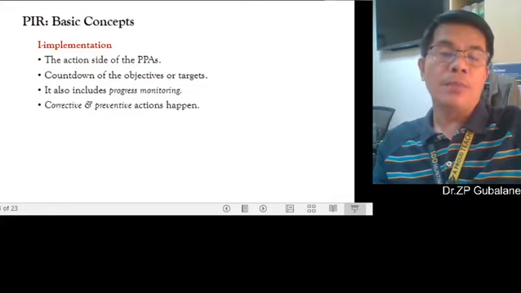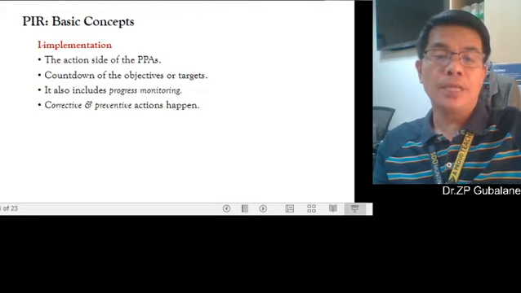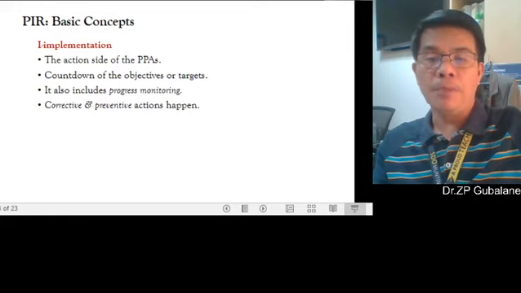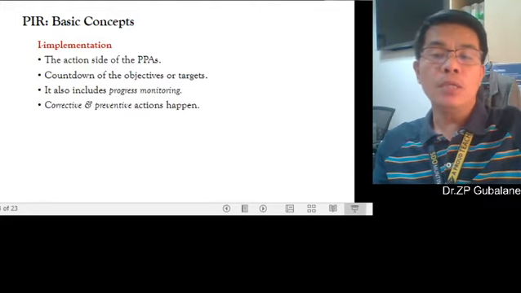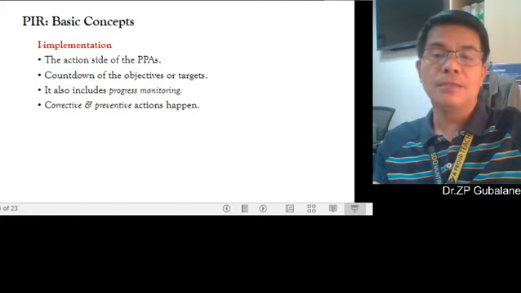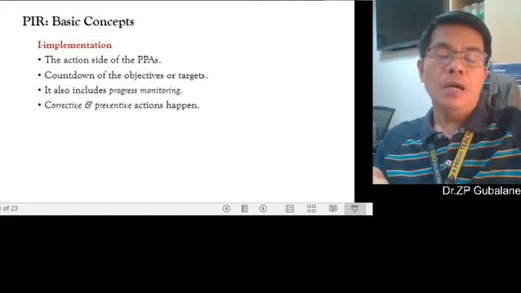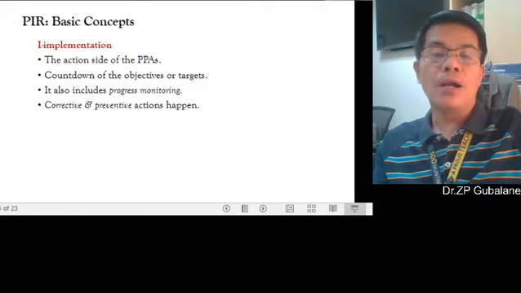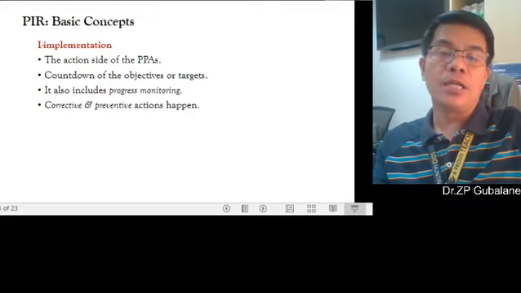During the planning, during the programming, during the formulation of projects, we set targets. We set doable targets. Now, as we implement all these PPAs, we could start counting the days, the weeks, the months, where we are actually looking at the completion time of a particular activity.